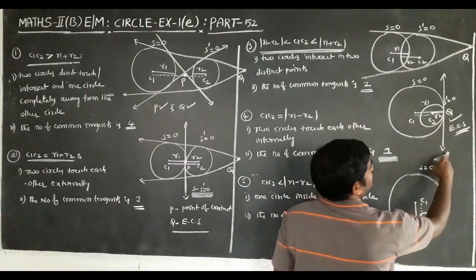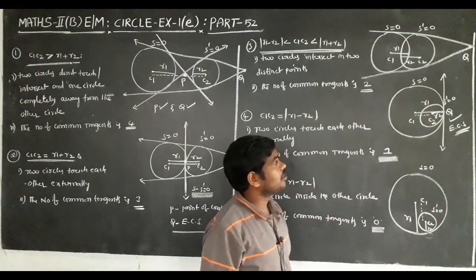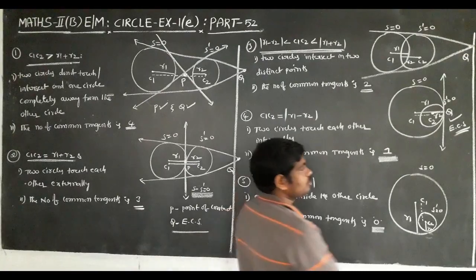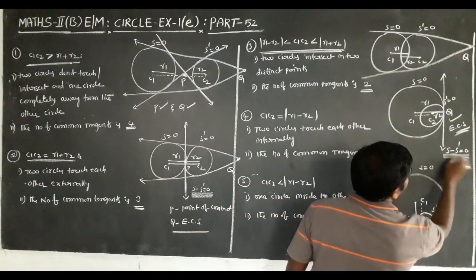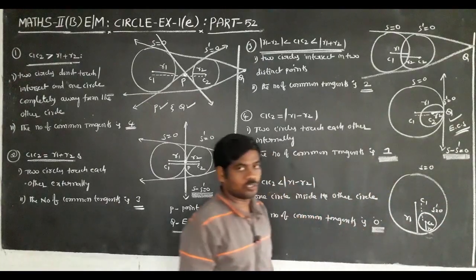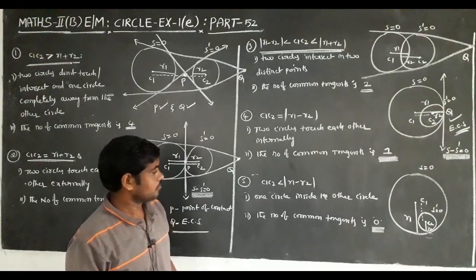This is the equation of the common tangent to the circles S equal to 0 and S dash equal to 0. The equation of the common tangent is S minus S dash is equal to 0.